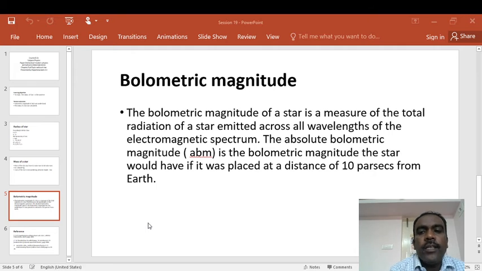It indicates the amount of energy received by the observer from a distant object. It is determined by measuring the energy radiated by an object and its distance.